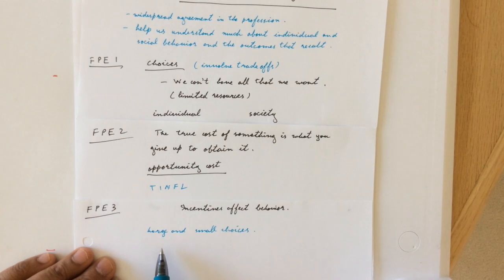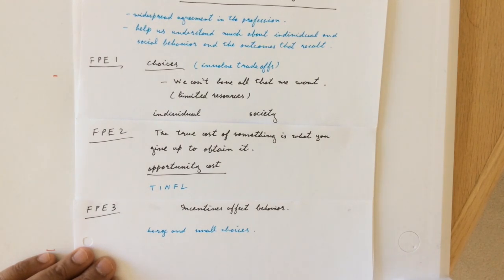They include money, but they are not limited to money. The respect that you enjoy among your circle is very important. Your own self-satisfaction, how much do you enjoy that work, is very important. So these incentives, they affect behavior. They're not always money-based. So this was an example where a large choice is affected by incentives.